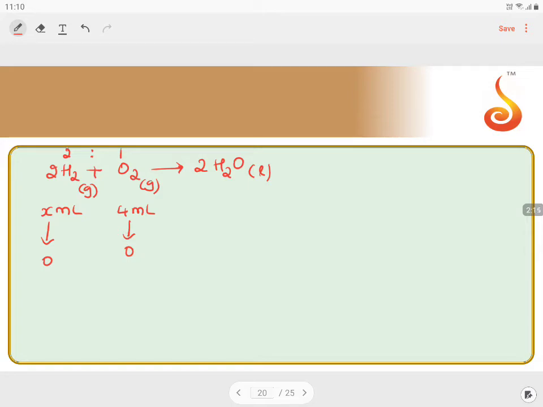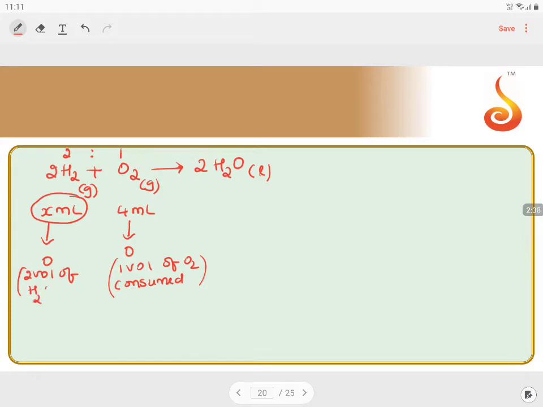What will be the amount of hydrogen that can be consumed in the process?